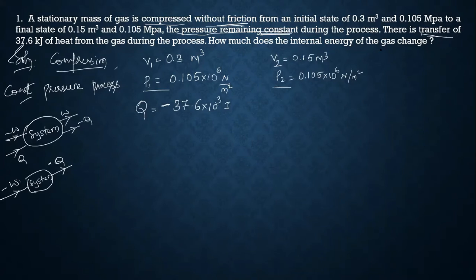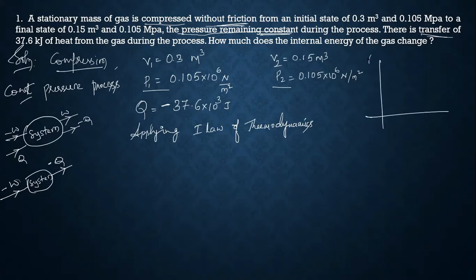How does the internal energy of the gas change? Now, applying the first law of thermodynamics. It is a non-cyclic process and a constant pressure process. On the PV diagram, it is compression, where volume decreases.